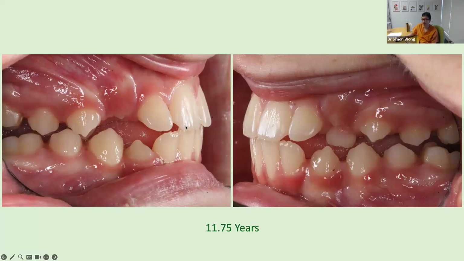Now, bite closed, then let the molars come back up into place if you wish, if you've overdone it.